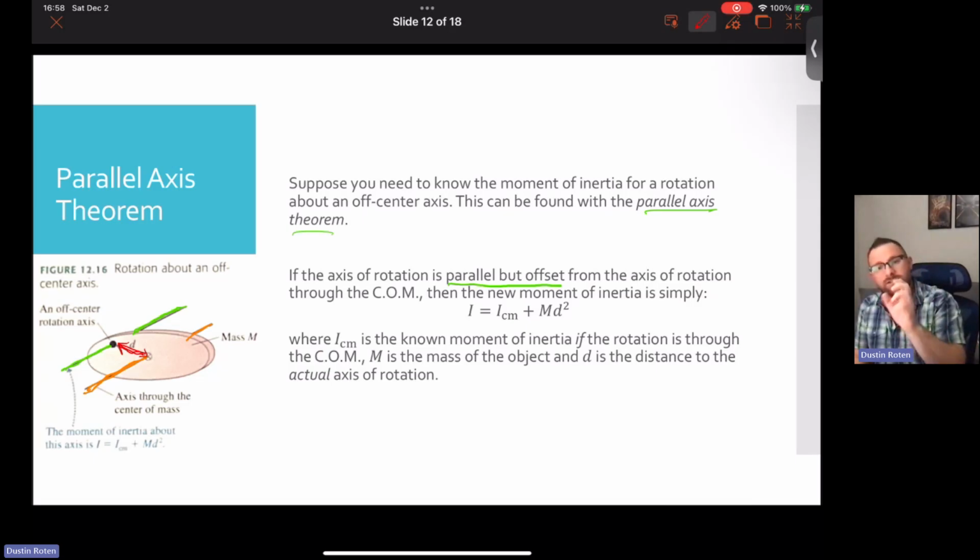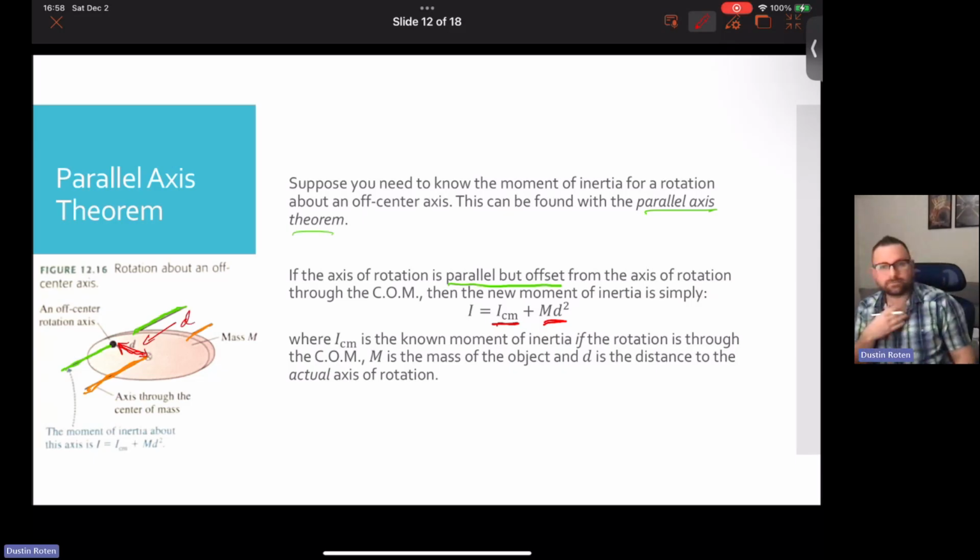So if these conditions are met, then the new moment of inertia is simply the well-known moment of inertia if the axis is through the center of mass plus the offset. So the total mass of the object, big M, times the distance to the new axis squared.